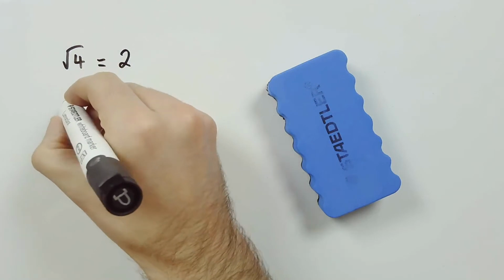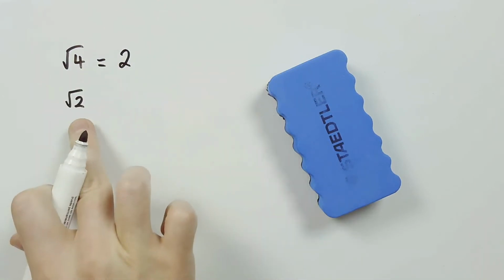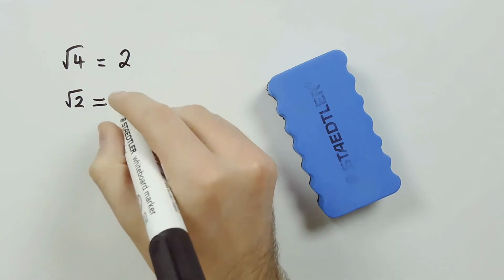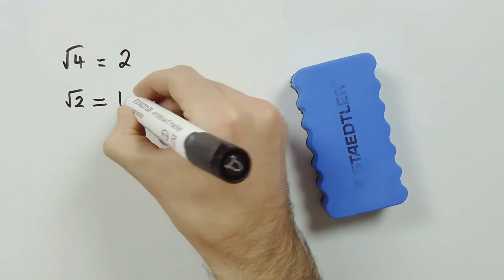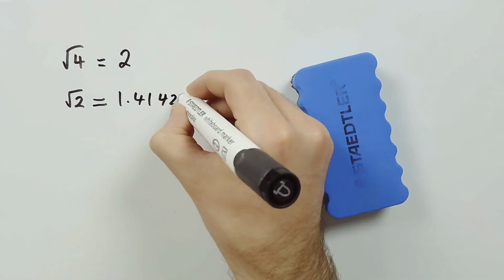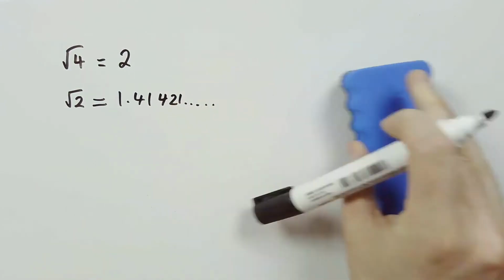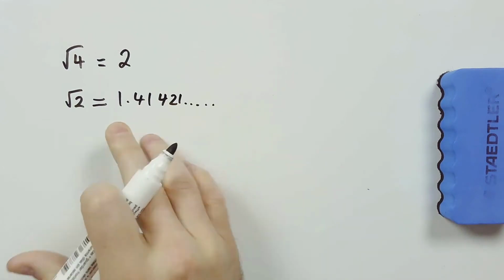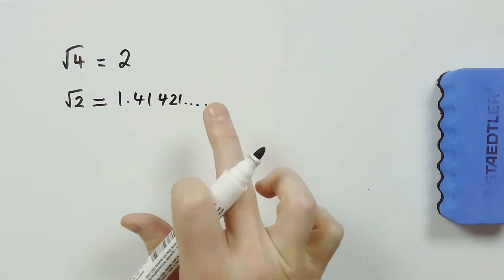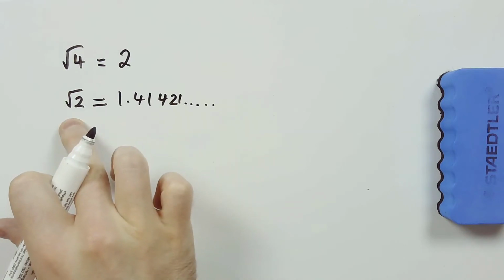However, we also know that some values, such as root 2, cannot be represented in a simple form because it's an irrational number. So rather than representing it as the irrational number, rounded up or rounded down to a certain value, we instead represent it as the surd.